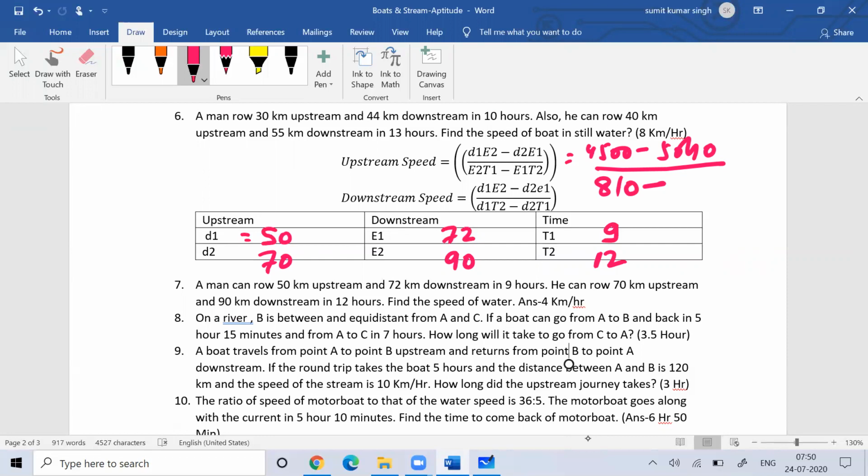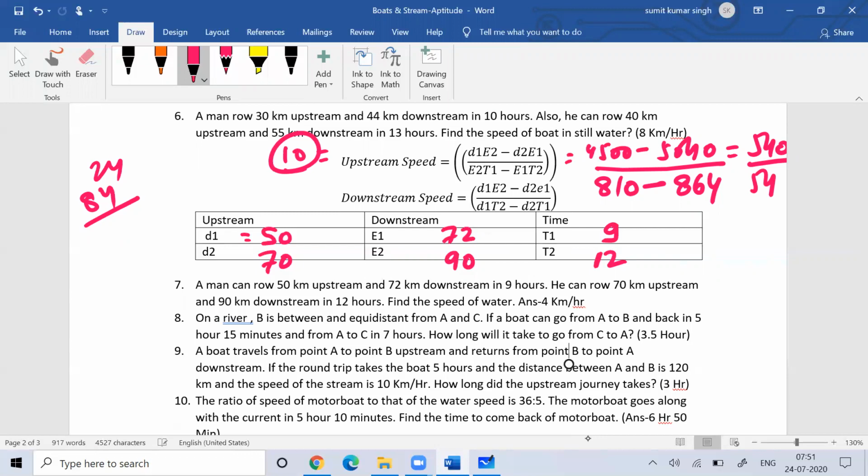So 12 into 72, 864. So how much will you get? This is 540 divided by minus. Both you will get minus one, so I'm not writing it. So this is 54. So this upstream speed is 10.